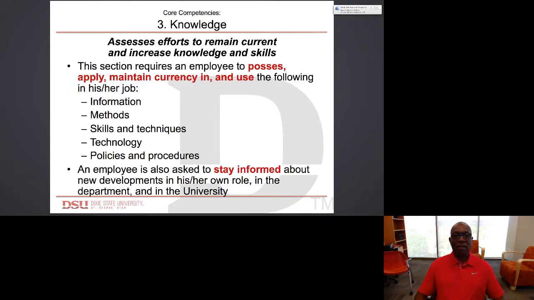Our third competency, knowledge, assesses effort to remain current and increase knowledge and skills. This section requires an employee to possess, apply, maintain currency in, and use the following in his or her job: information, methods, skills and techniques, technology, policies, and procedures. An employee is also asked to stay informed about new developments in his or her own role, in the department, and the university.